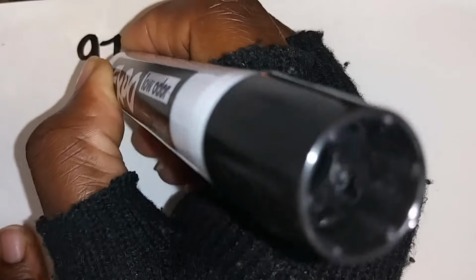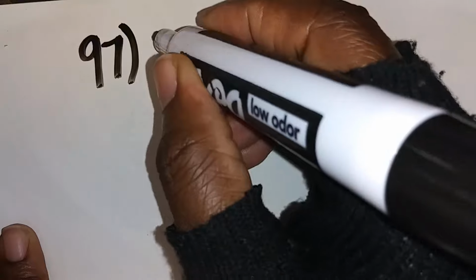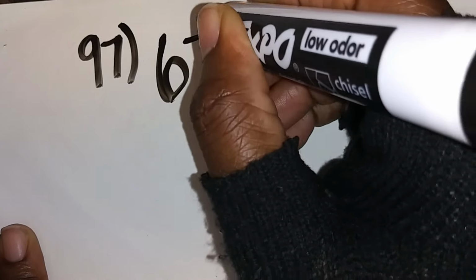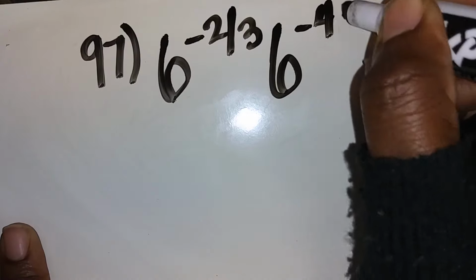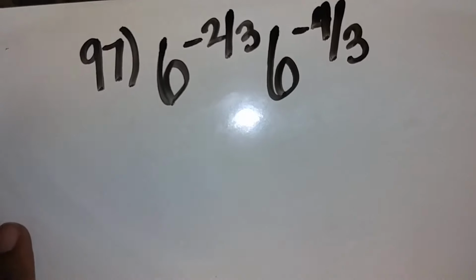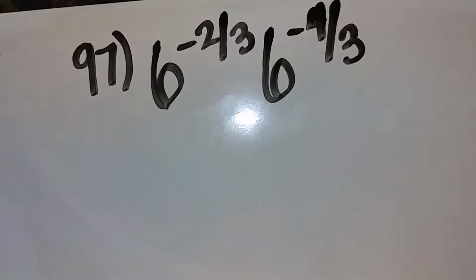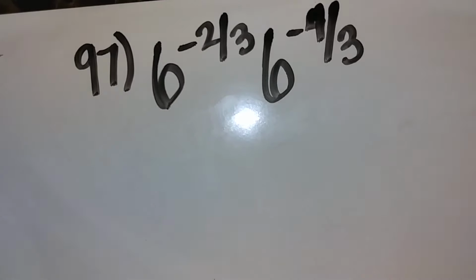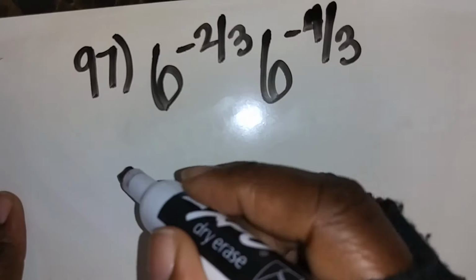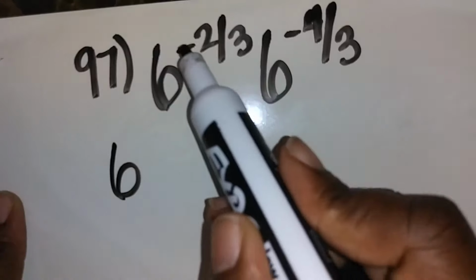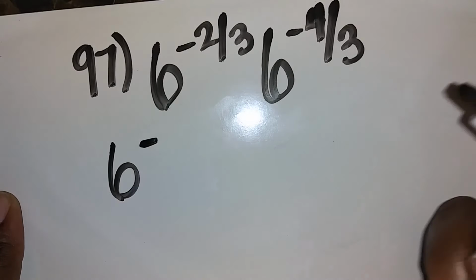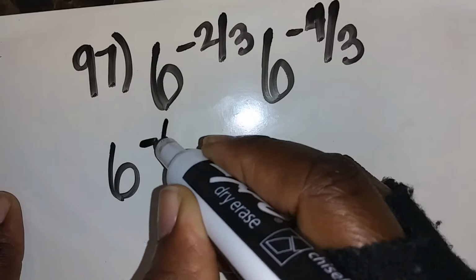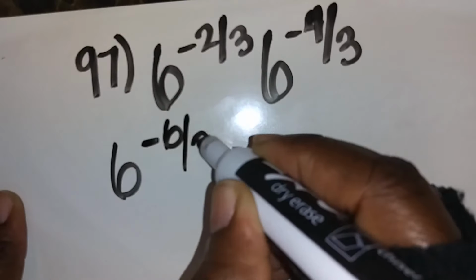Number 97. 6 to the negative 2/3 times 6 to the negative 4/3. Before I make my exponents positive, I am going to combine them because they have the same base, so I can add those exponents. My base is 6. Negative 2 plus negative 4 is negative 6 over 3.